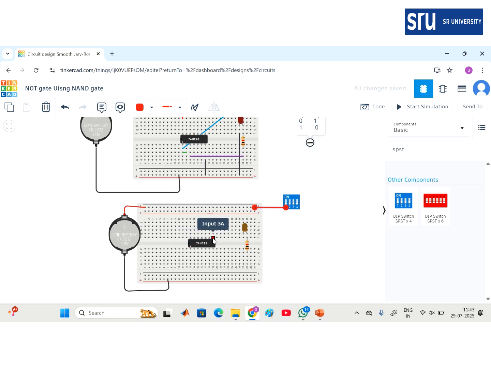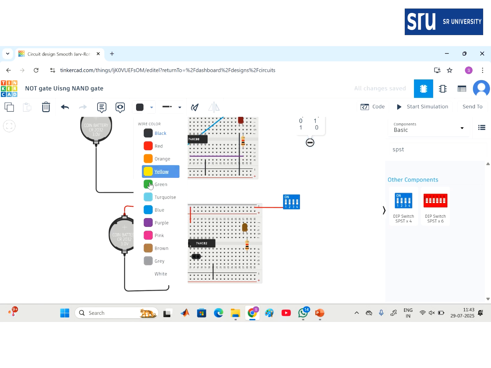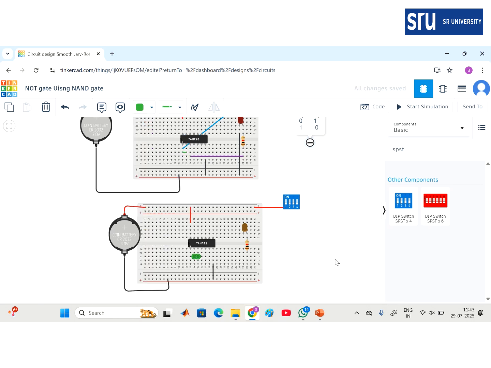So let us consider these are two inputs and this is an output. Again this is output. So here we have ground, connect this to ground, connect the IC to the power supply, change the color as well. Then first 1A and 1B, right? So short these two inputs with a different color, green color.